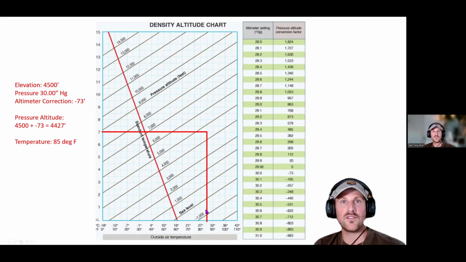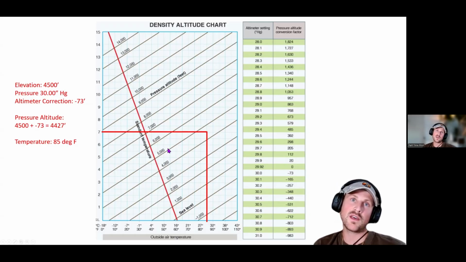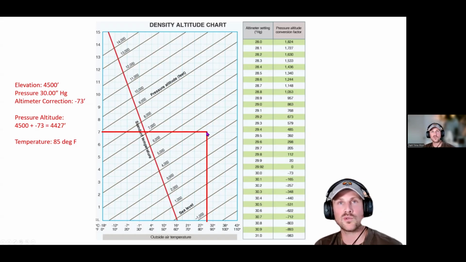So if we go over here to 85, we draw a line all the way up to in between our 4,000 and 5,000 pressure altitude lines, close to the middle for 4427. And we draw a line all the way over. We're going to get about 7,000 or just below 7,000. Just below 7, which means 7,000 for our density altitude.